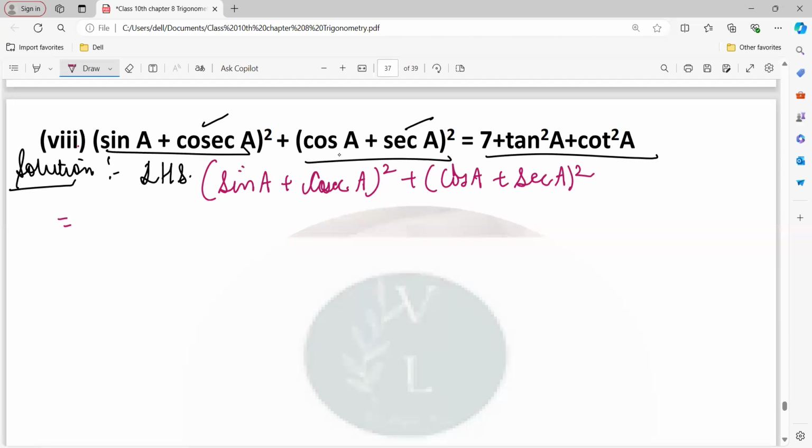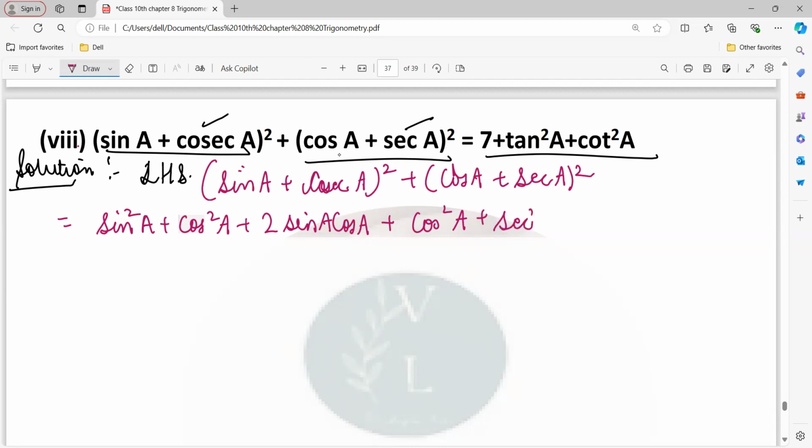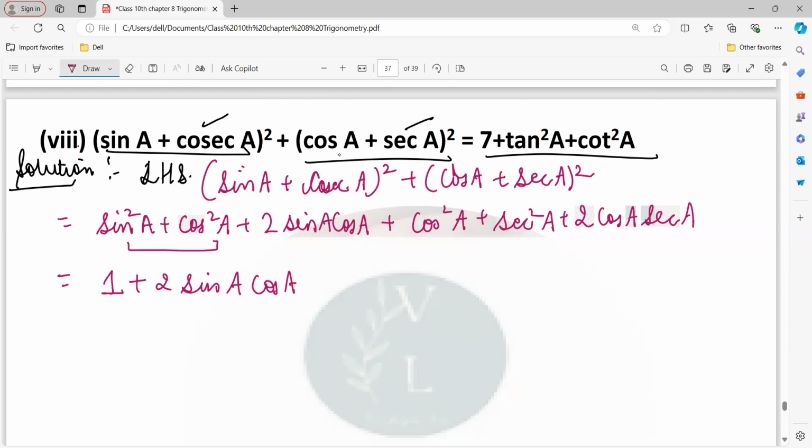Now A plus B whole square is A square plus B square plus 2AB. Now sine square plus cos square is equal to 1. So 1 plus 2 sin A cos A.